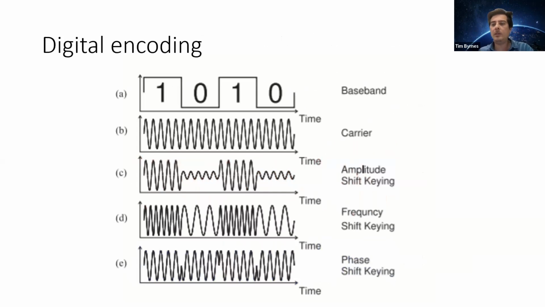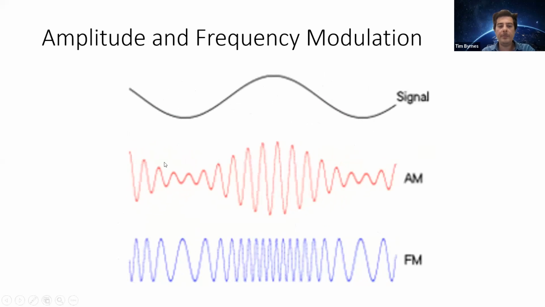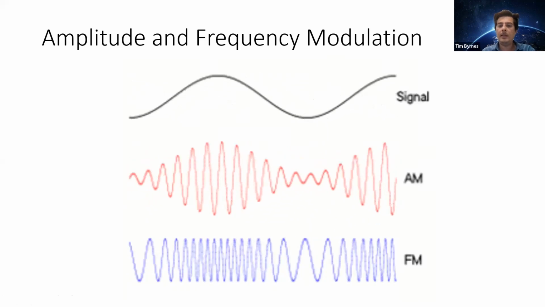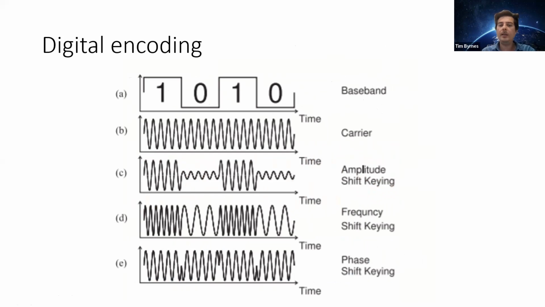But what's actually much more relevant these days is digital encoding. And digital encoding basically still works in the same way. It's just that instead of having the signal be the amplitude or the frequency as a continuous quantity, you instead digitize everything.